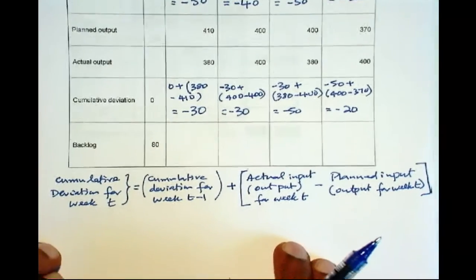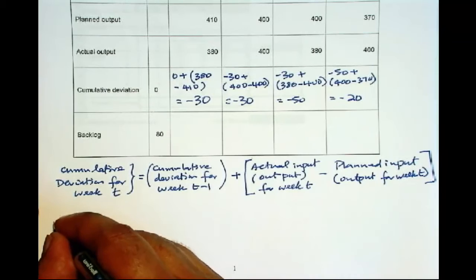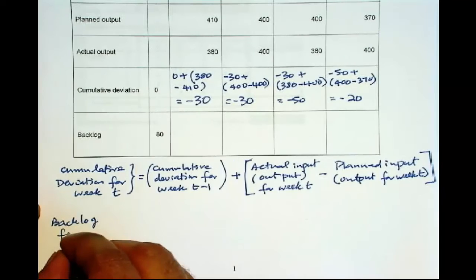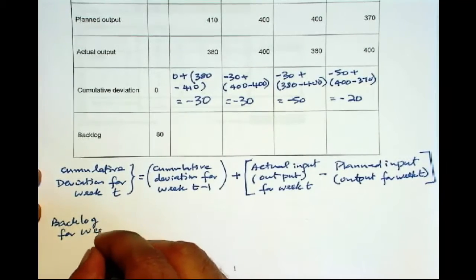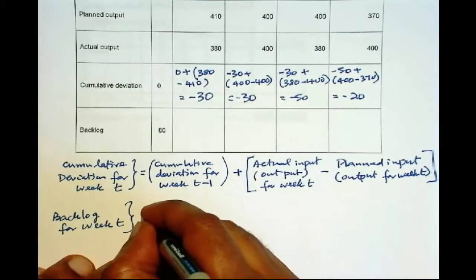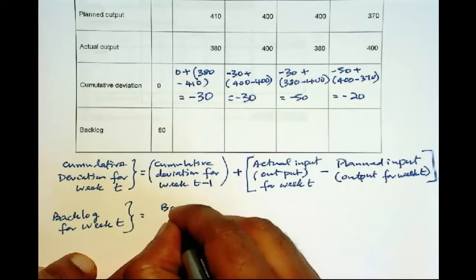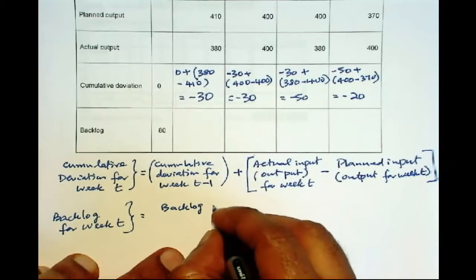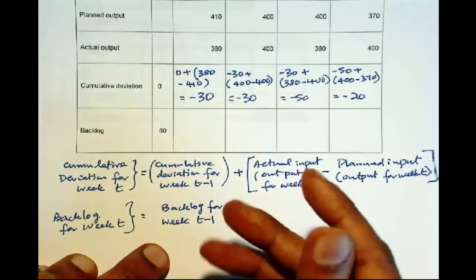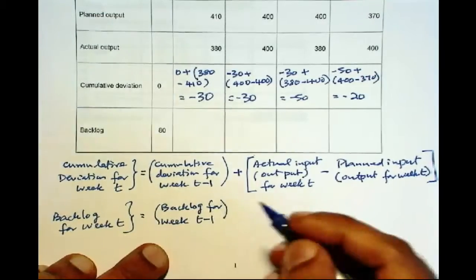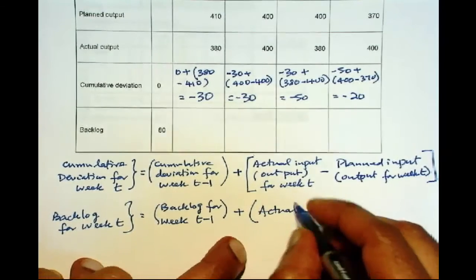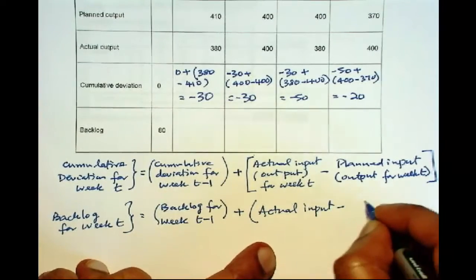So backlog for week T, any week T, is you take the backlog for week T minus 1, that is the previous week, plus actual input minus actual output.